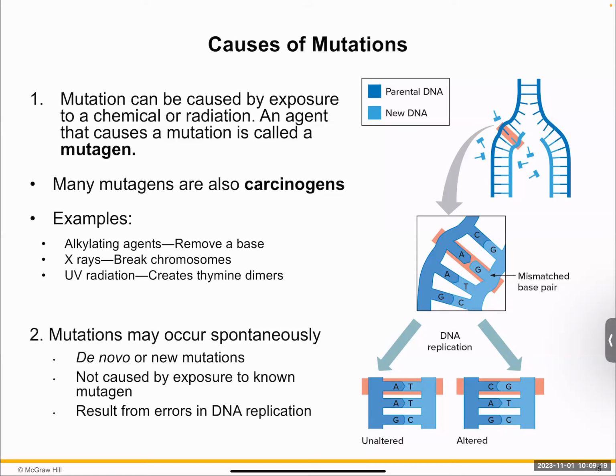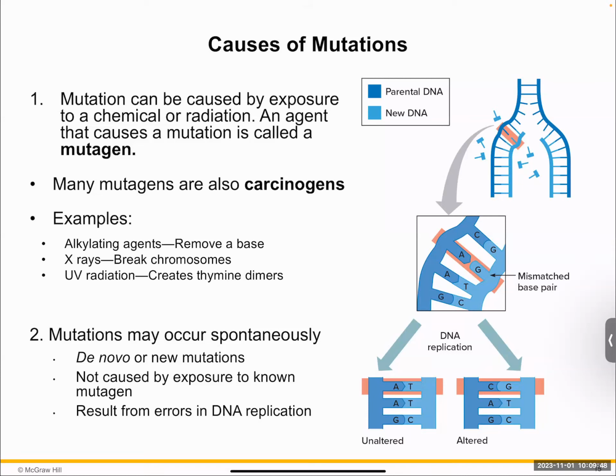So even though you have mechanisms that fix the problem, you still have so many of these replications happening that the chances are that there is going to be a problem. You're not going to be 100% accurate. So that's known as de novo or new mutations. This is not caused by exposure to anything. It just happens naturally. And again, in most cases, we do have mechanisms that can fix the problem.